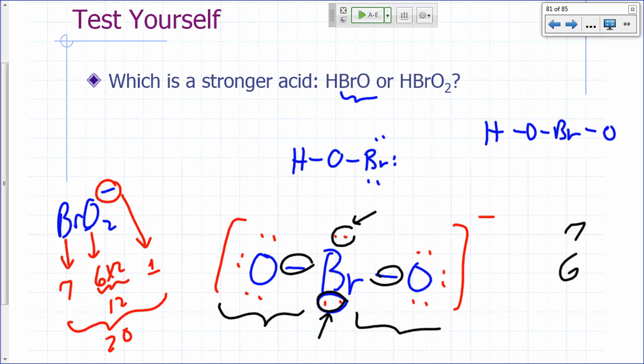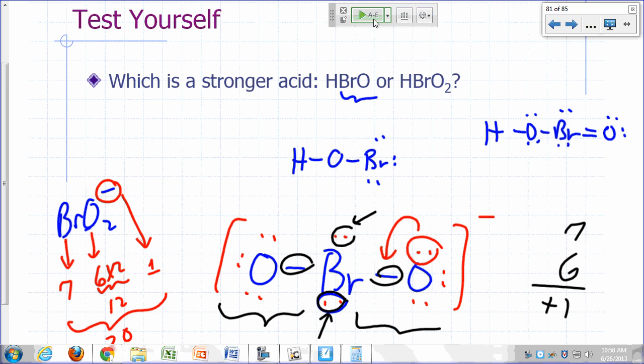By itself, it would have 7, right? 7 minus 6 is plus 1, so you can lower that formal charge by putting one of these lone pairs in, so BrO2 minus would have this structure right here. Okay. So anyway, which one's the stronger acid, HBrO or HBrO2? A or B? You compare the bases, right?